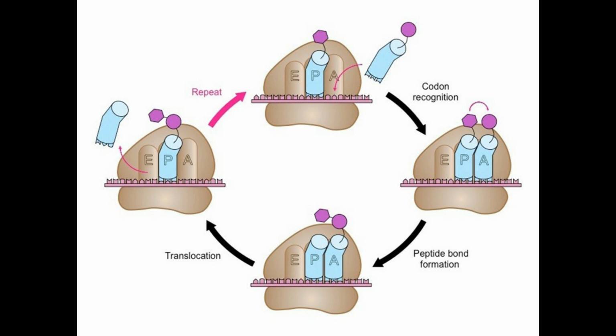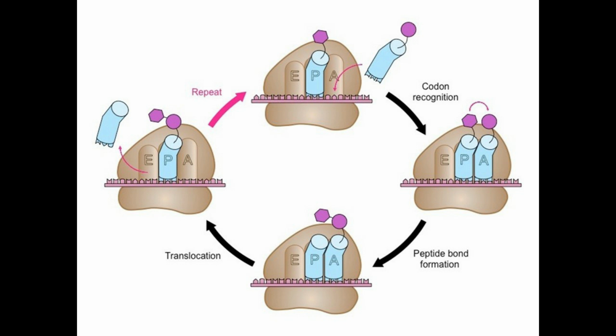So, during elongation, the methionine on the initiator tRNA is transferred to the amino acid which is located on the amino acyl tRNA in the A site. So, from the tRNA which is now on the P site, the amino acid is transferred and peptide bonded to that amino acid which is now in the A site.